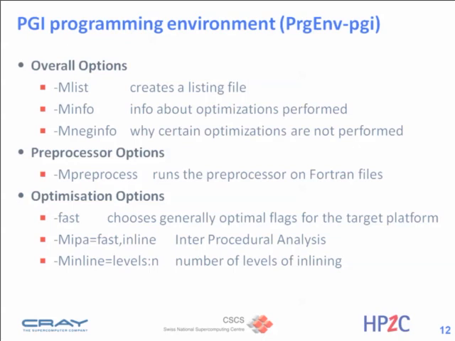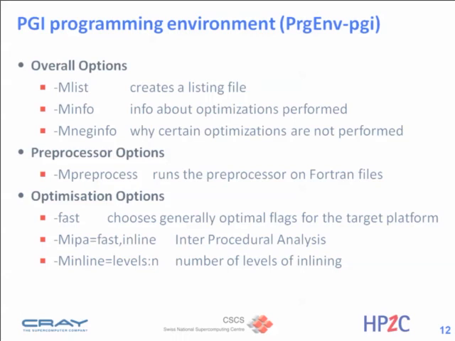So for the PGI programming environment, there are some options which you can use to provide feedback from the compiler. If you don't specify a listing, what the PGI compiler does is to provide you information on the interactive shell. So either you save this in a file, or you lose that information.